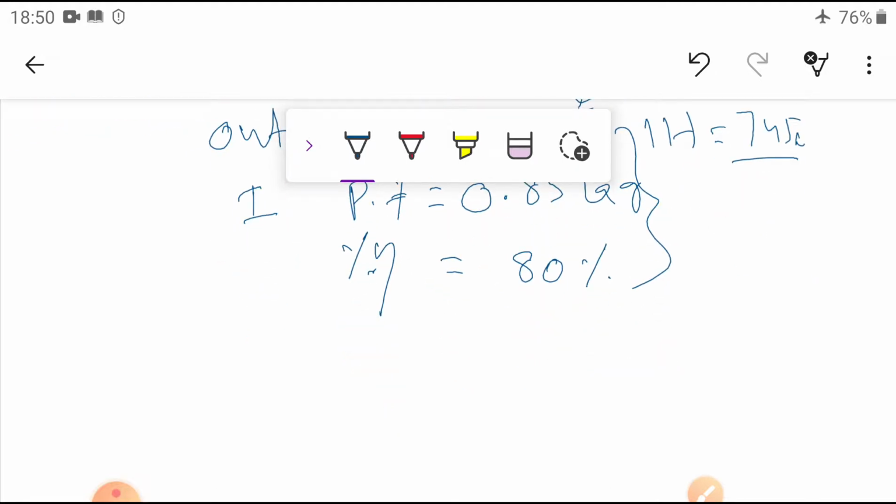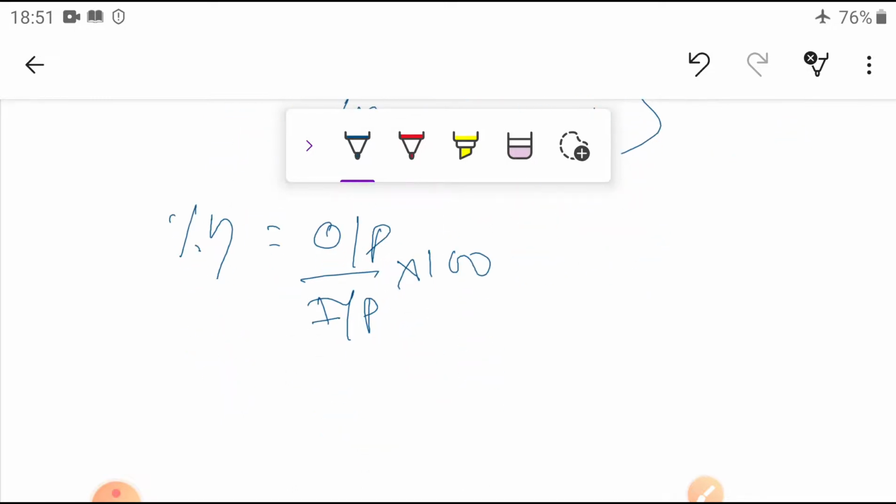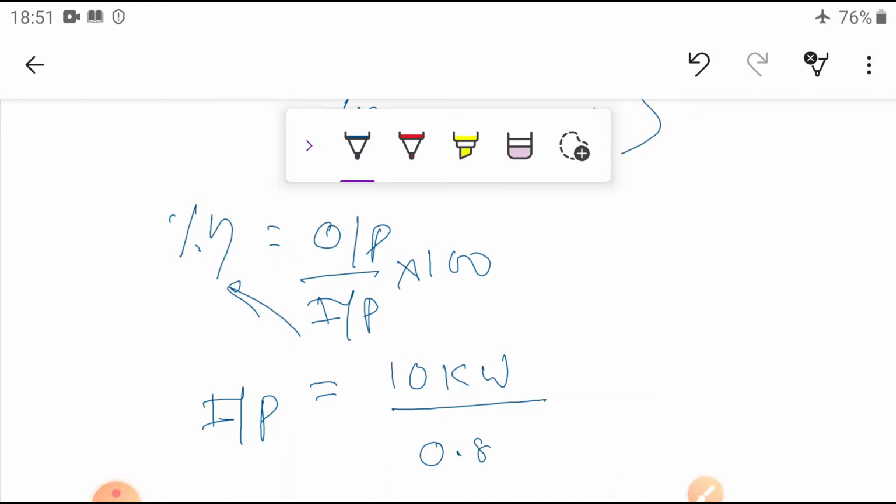Here the output is given. Percentage efficiency is equal to output by input, into 100. The output given is 10 kilowatts. You don't know the input, so write input is equal to output divided by the efficiency, 0.8, into 100.